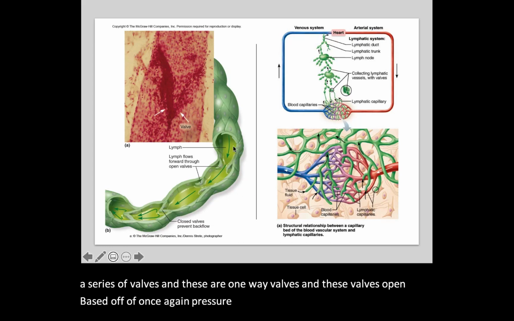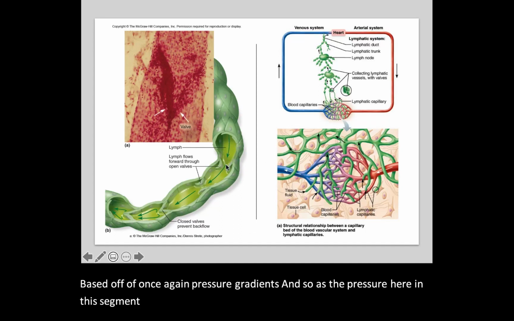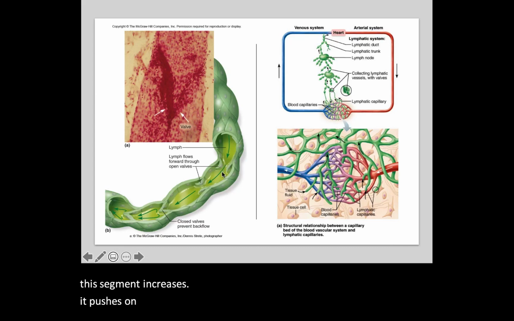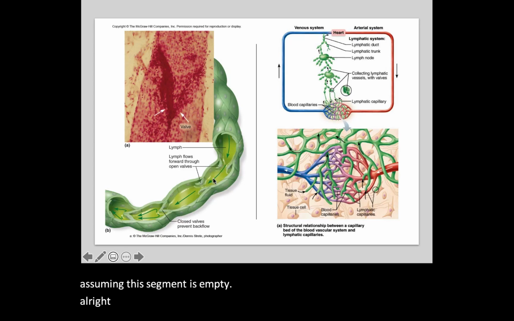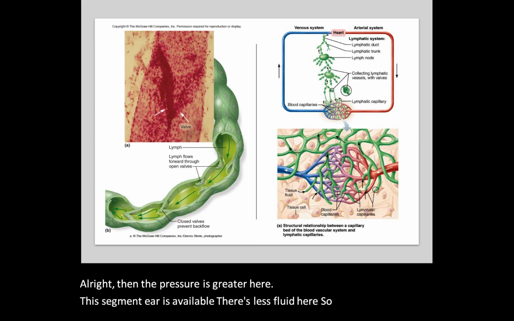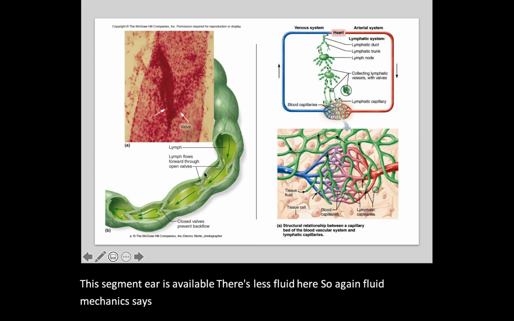And so as the pressure in this segment increases, it pushes on this valve, which then allows the fluid to flow into this segment, assuming this segment is empty. Then the pressure is greater here, and this segment is available. There's less fluid here. So again, fluid mechanics says that fluid is going to move from an area of high pressure to an area of low pressure.